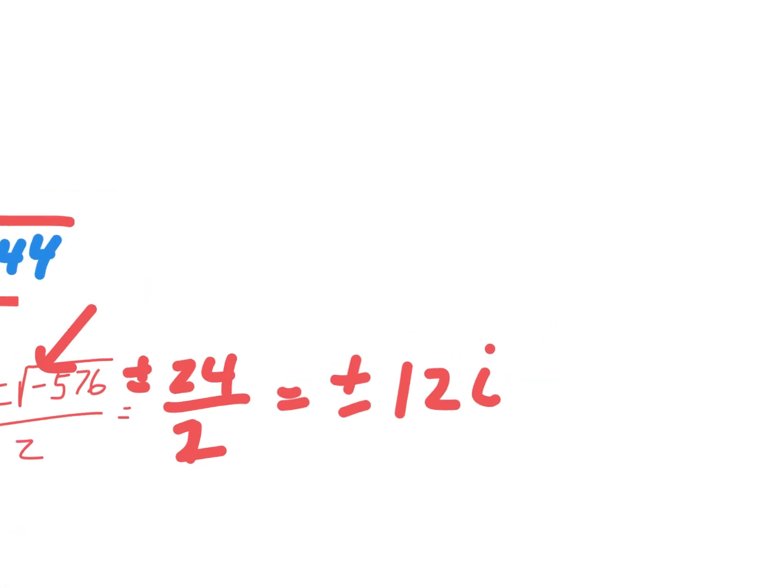Next kind is just plain old discriminant. What if I had x squared minus 6x minus 1? Tell me the discriminant and then tell me how many roots this thing has.